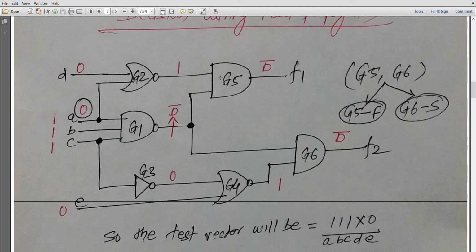I have named them G1, G2, G3, G4, G5, and G6. Two primary outputs are there: this is the output F1 and this is the output F2. Do not get confused with the symbol of fault here. This is not a fault. F1 represents output 1 and F2 represents output 2.